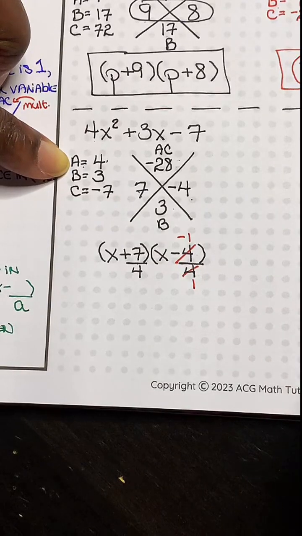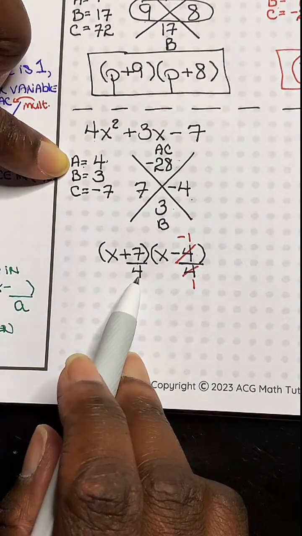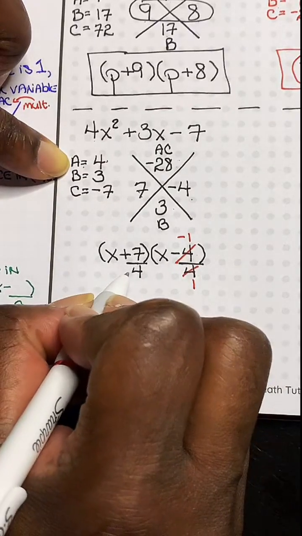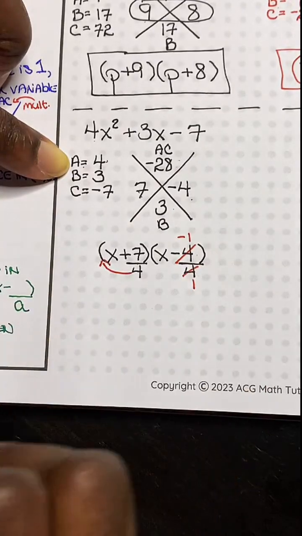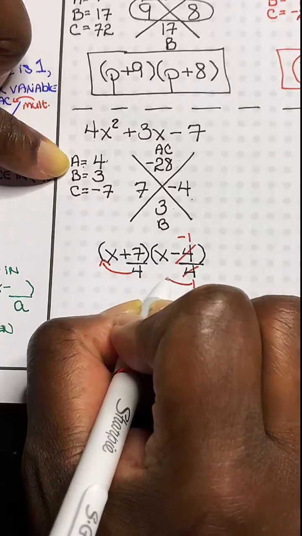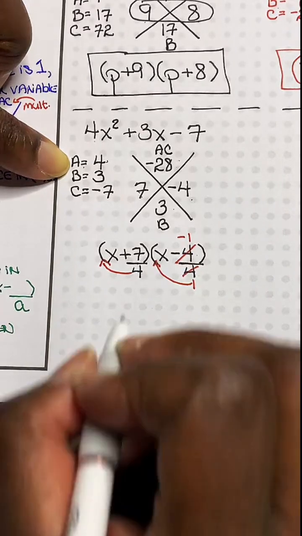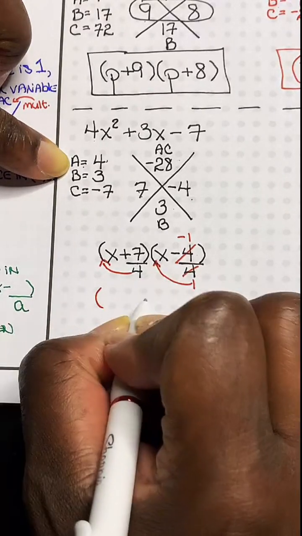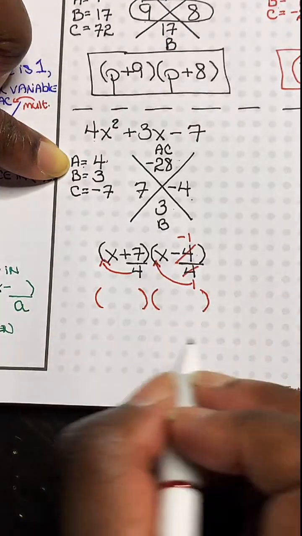So now this is the last part. You see your denominator that you have? That's going to slide in front of the x. Like this 1, it's going to slide in front of your x. So your answer is simply going to be this. We don't have to reduce both fractions and all that stuff.